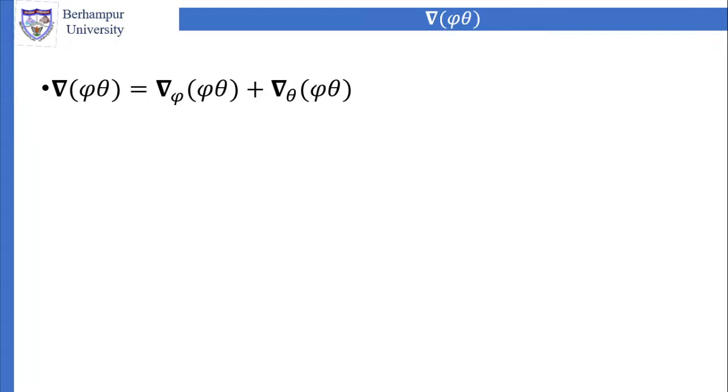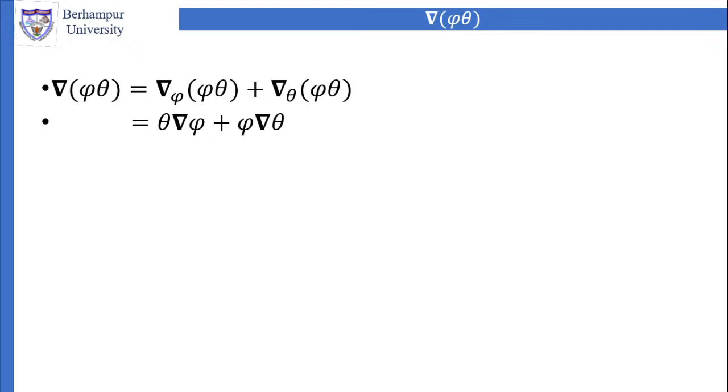So it will be theta into grad of phi, plus when we take theta subscript, it is operating on theta only. So phi is a constant. We'll take phi outside the operation. So it will be phi grad theta. So grad of phi theta is equal to theta grad phi plus phi grad theta.